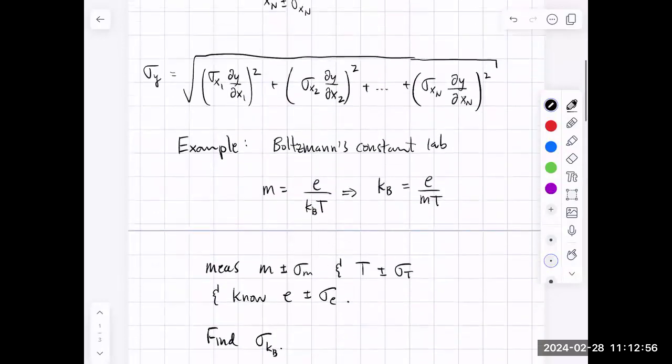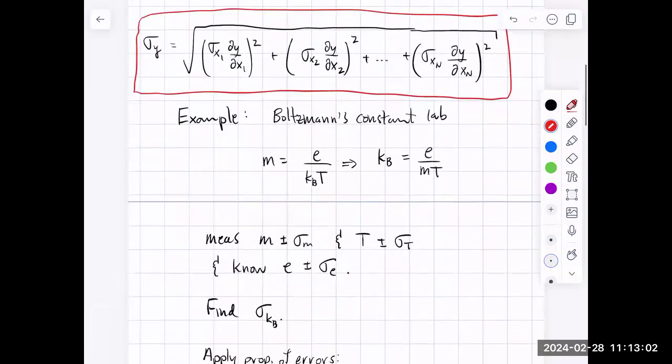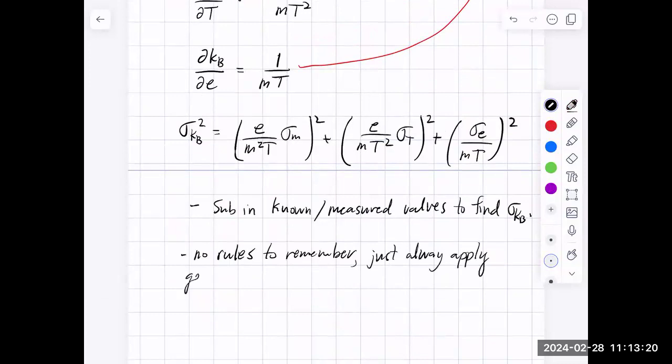The only thing you have to remember is the general expression, and then you can just apply it. So there are no rules to remember. We just always apply the general propagation of errors expression.